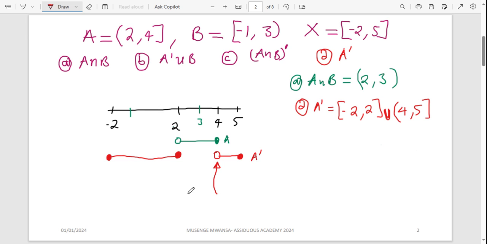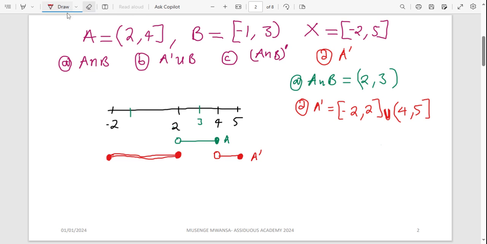And at 2 in the complement I have shaded, because 2 wasn't in A, meaning it is going to be outside A. And then just follow and write the lines outwards. Because we want to find everything outside the set A, go all the way to where this universal set is beginning. We can't exceed the universal set. And then also in front, go all the way to where the universal set is ending. That is how we ended up with this set.